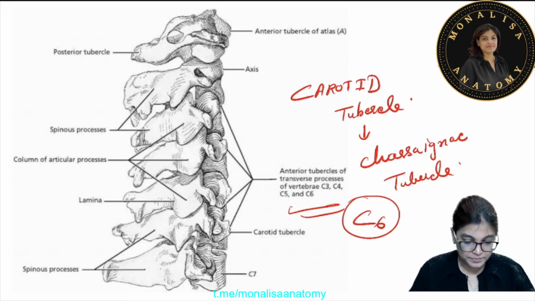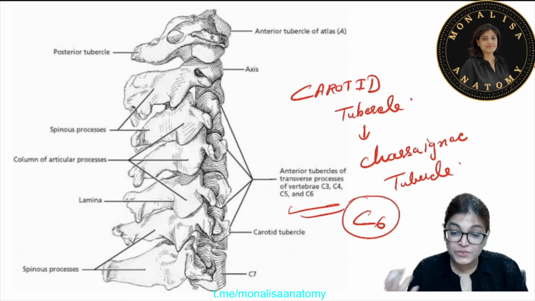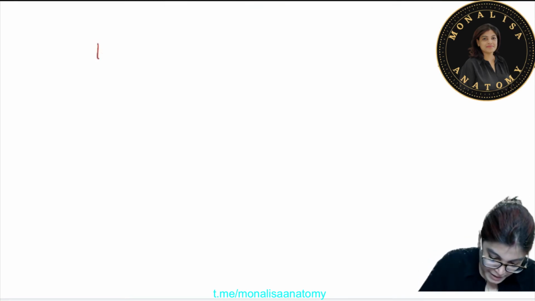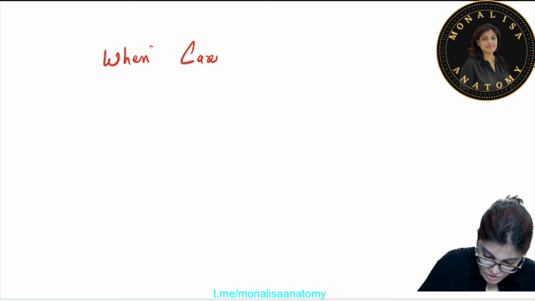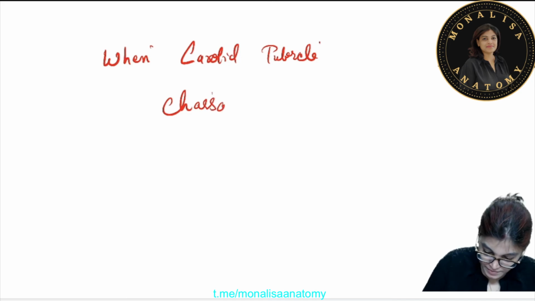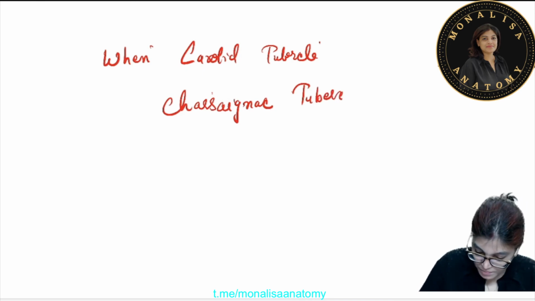So when the carotid tubercle, which is also called Chagassi-Nack tubercle, is very well developed, what will happen?